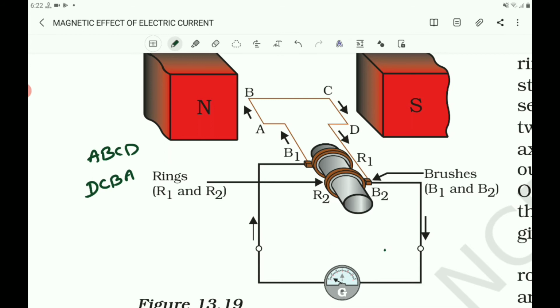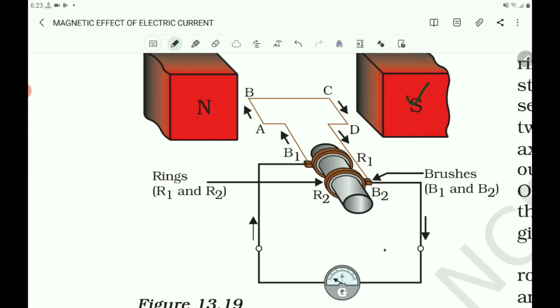Here you know that in the AC dynamo the current flows in one half cycle A to B, B to C, C to D, and in the other half cycle D to C, C to B and B to A. But in direct current, the current always flows in one direction. How will it be? Let us discuss.